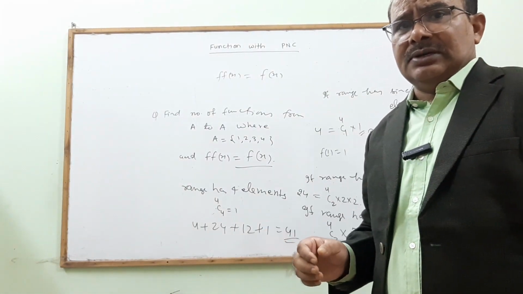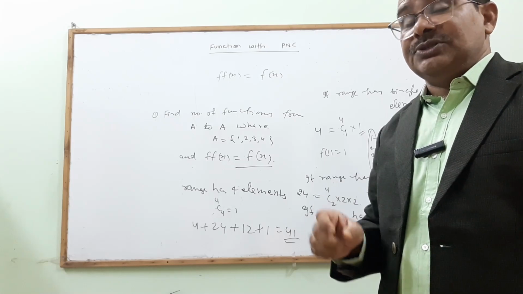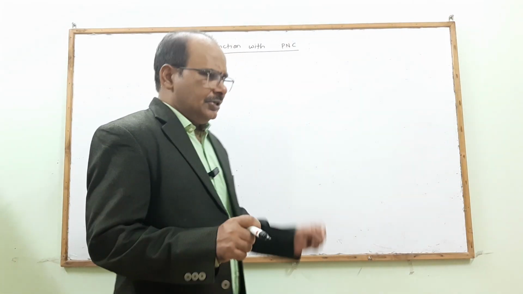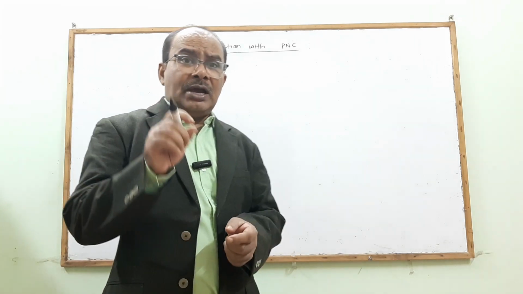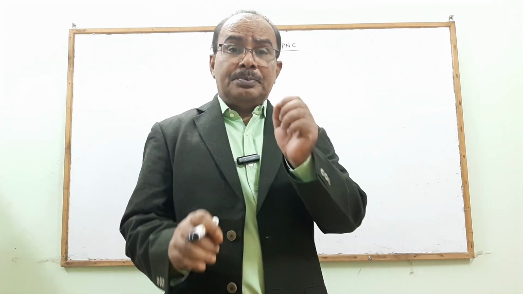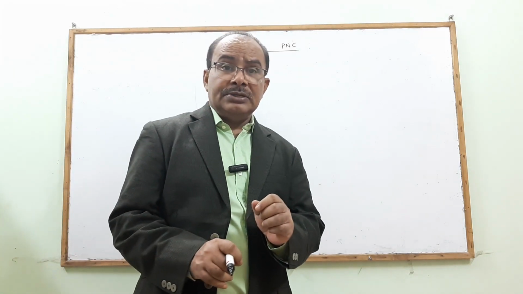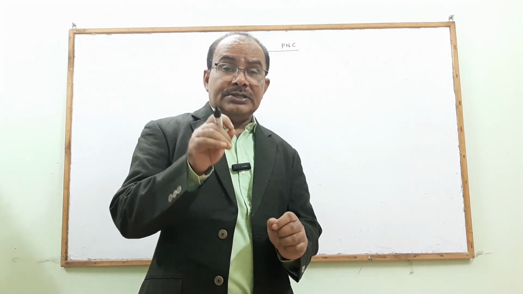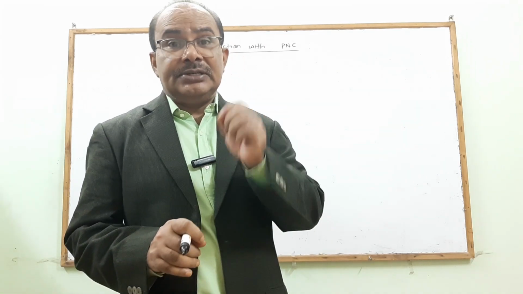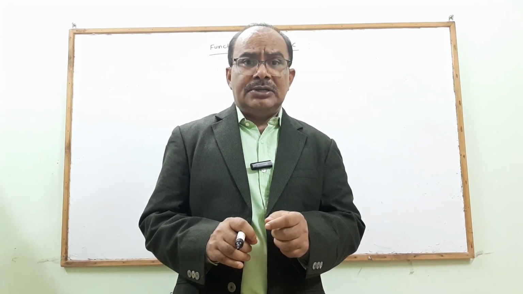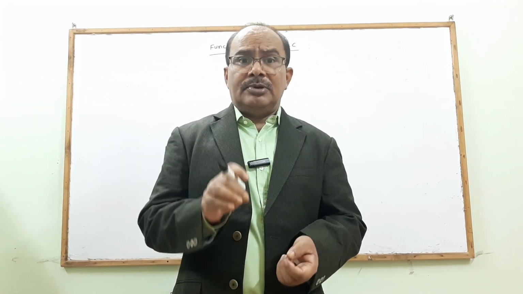Let us see the next type of question, which is also very interesting. I assure you that in a very easy way I will explain complicated concepts. The next concept is, if someone is asking how many strictly increasing functions or how many strictly decreasing functions, both have the same type of concept.